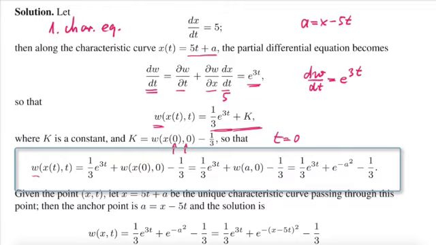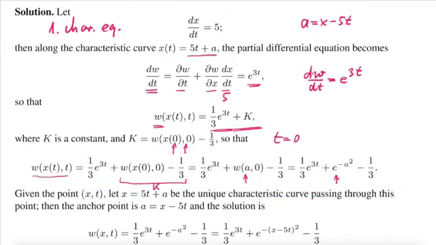So then the solution along the characteristic. So the solution is 1/3 e to the 3t plus k, and the k we computed is this. Okay? But now x0 is the anchor point. So we use the initial condition at the anchor point. And the initial condition is e to the minus a squared. So we get this.